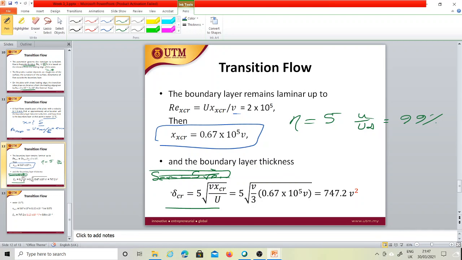The equation is like this. You can represent it in the Re x form also if you want. Because you have the x critical, we want to substitute the value of x. You just put it here, simplify it, and you will get this expression.